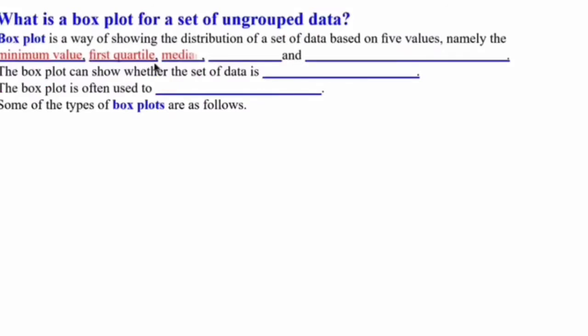Okay, for box plots, we need 5 important information: minimum value, first quartile, median, third quartile, and the maximum value of the set of data.